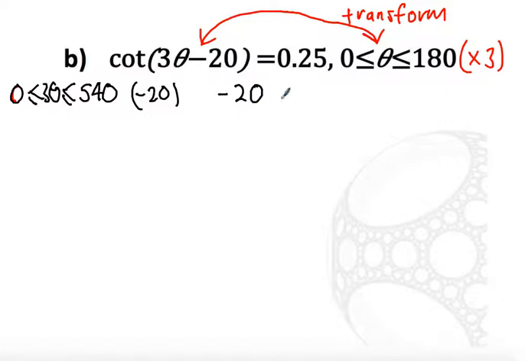So minus 20 less than or equal to 3 theta minus 20 less than or equal to 520.